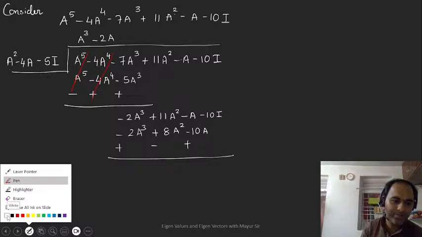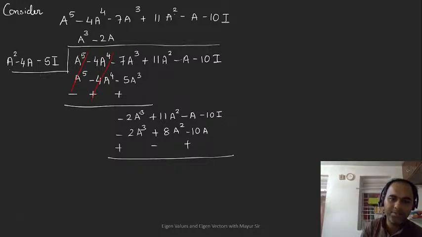When you cancel, it goes off, and here 11a square minus this, your answer will be 3a square, and then here it is plus 9a minus 10i. You divide again, so you get plus 3i.